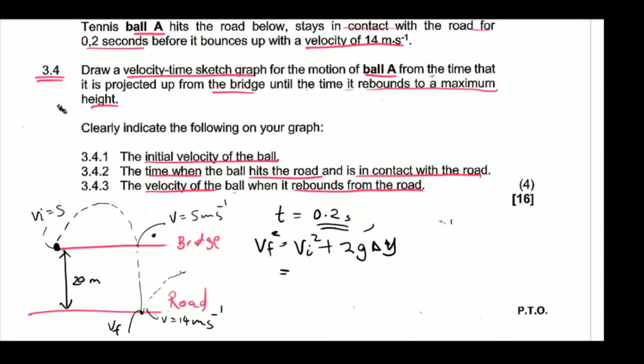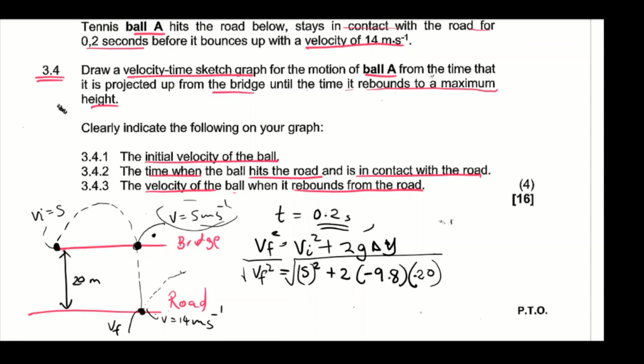The initial is 5, so it's 5 squared plus 2 into g, which is minus 9.8, and our change in y is 20, negative because of the direction, since we start from the point where the velocity is 5. Then we work it out and find v final equals 20.42 meters per second.